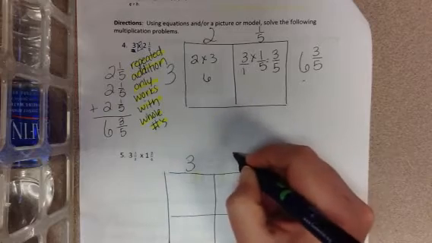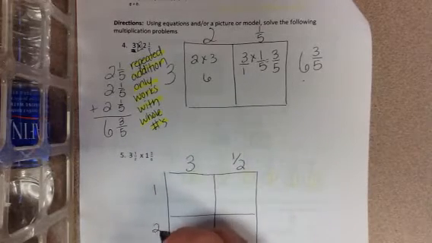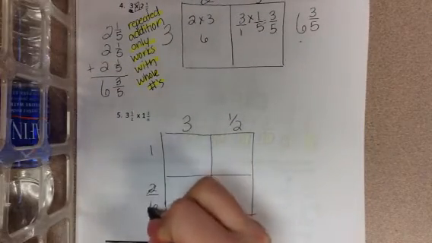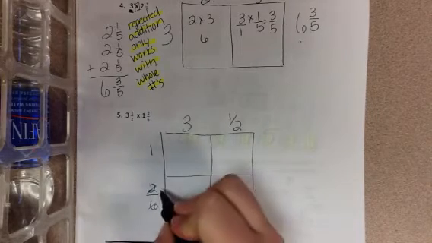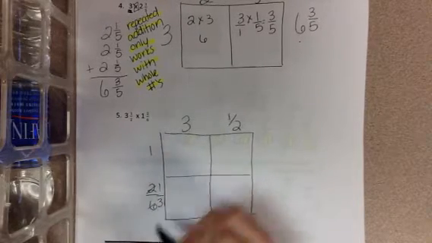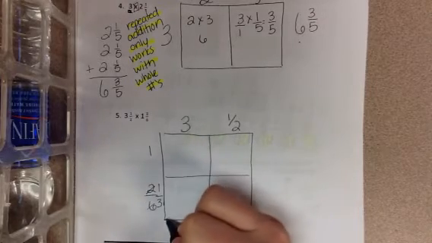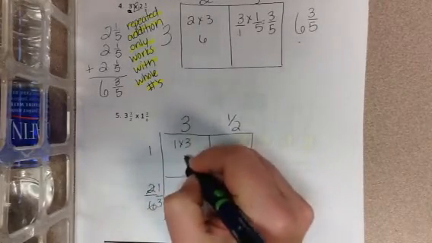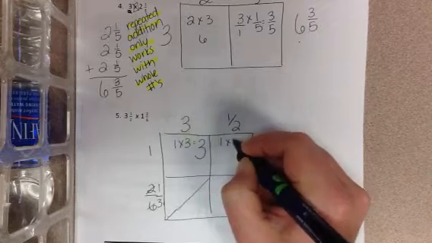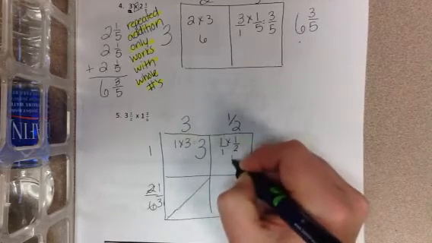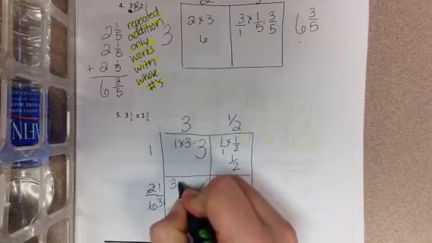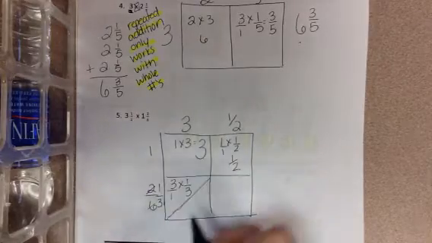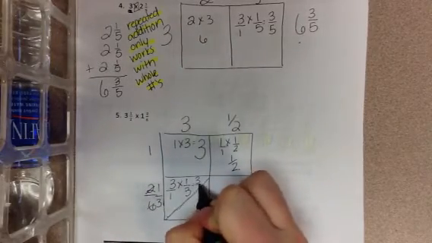Okay, so I have 3/3, 1/2, and 2/6. Before I start, I know that 2/6 can be rewritten. If I divide this by 2, it's 1/3. 6 divided by 2 is 3. 1 times 3 equals 3. 1 times anything is itself. 3 times 1/3, the denominator of every whole number is 1. 3 times 3 is 9, 1 times 3 is 3.